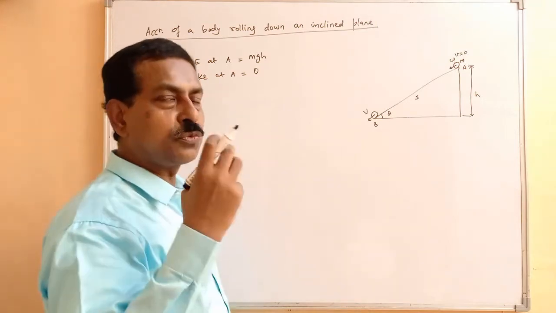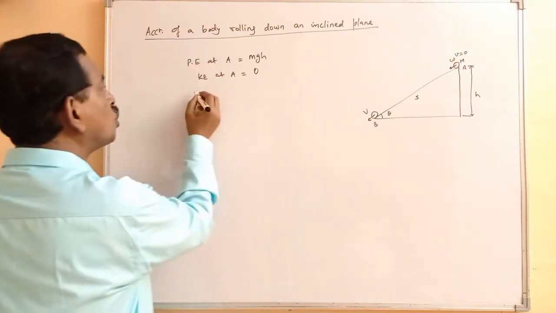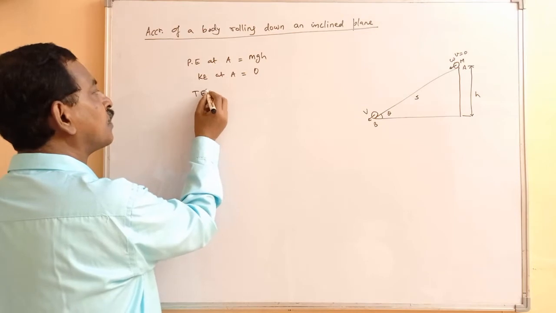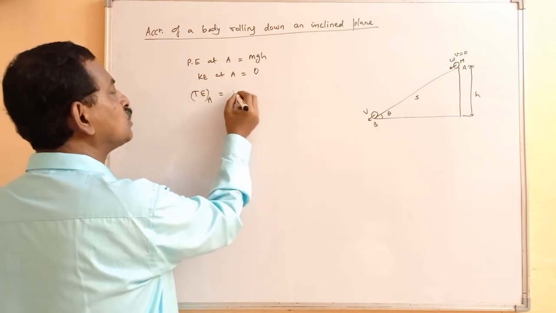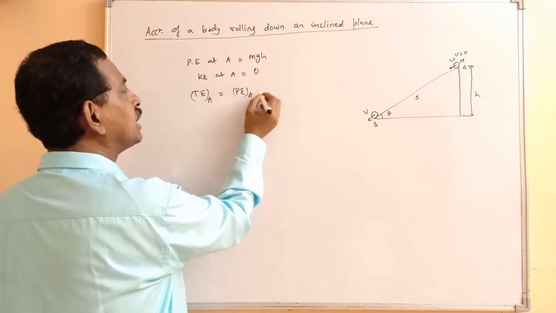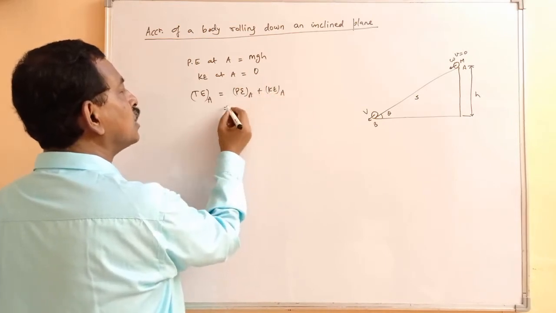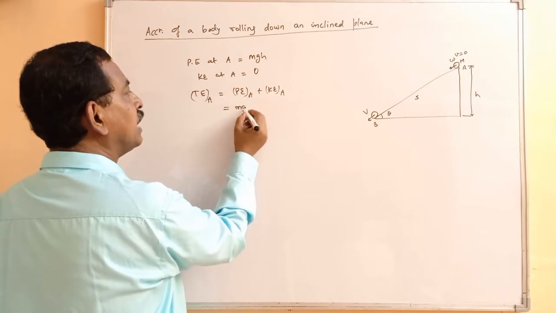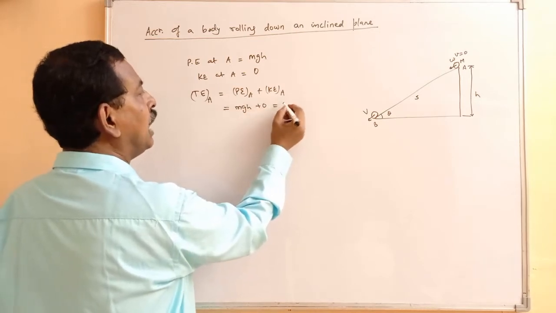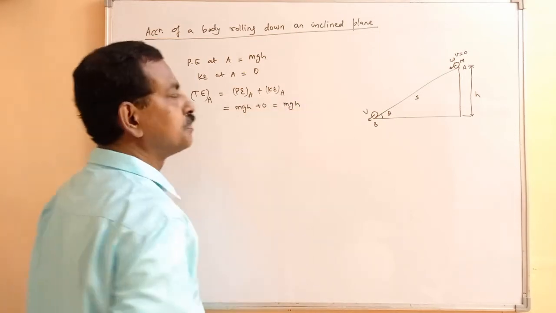That means it has been released from rest. So the total energy at point A, how much will it be? It is potential energy at A plus kinetic energy at A, that is equal to mgh plus 0, and that is simply mgh.